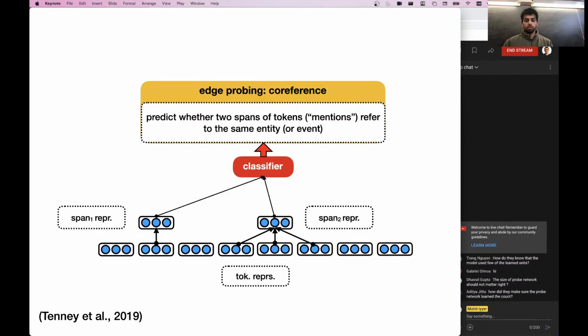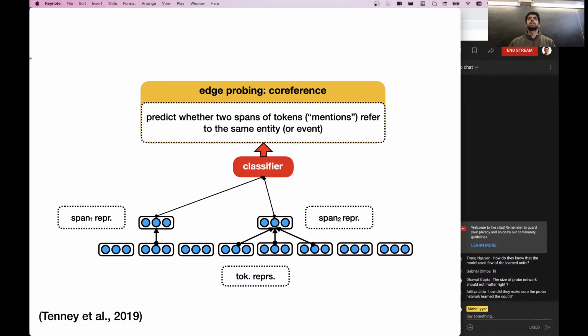Okay, so here's a more interesting probe task that is focused on whether or not these models have learned the concept of co-reference. In this phenomenon, you're basically looking at whether or not two mentions or spans in the sentence are referring to the same entity or event.